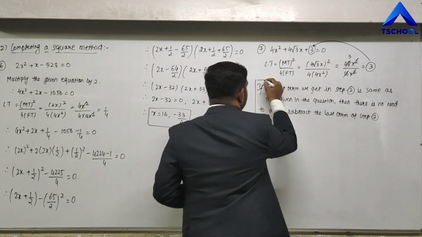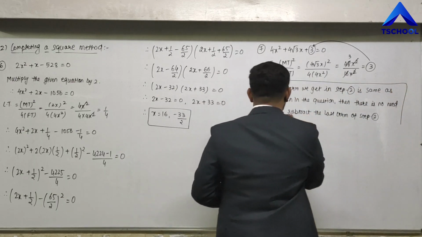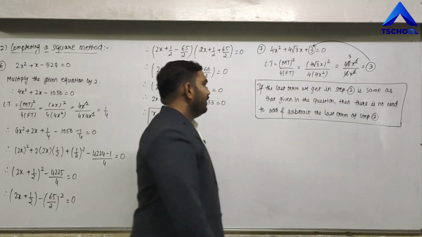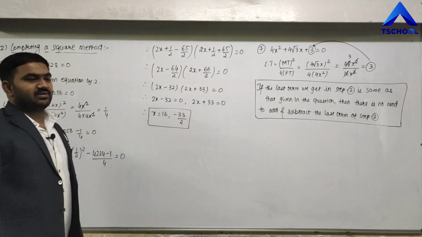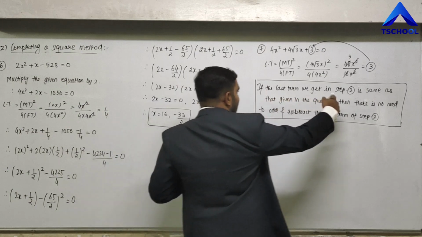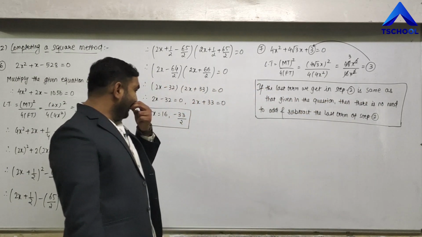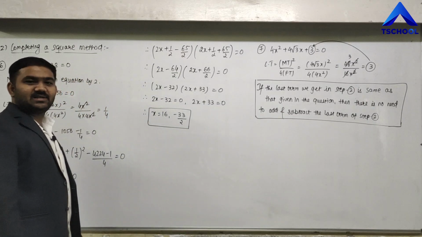If the last term we get in step 2 is the same as that given in the question, then there is no need to add and subtract the last term of step 2.